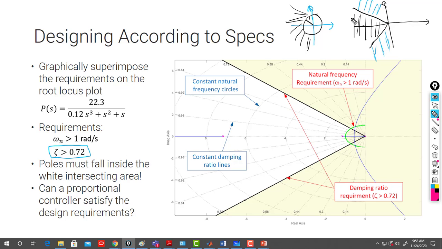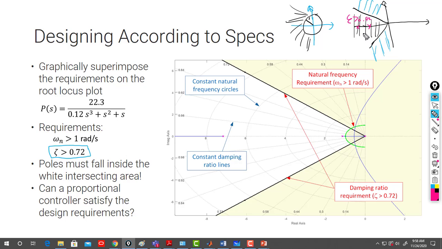So how can we decide then? Zeta bigger than 0.72. Let me help you. If I have a pole here, how much will zeta be if the poles are real?